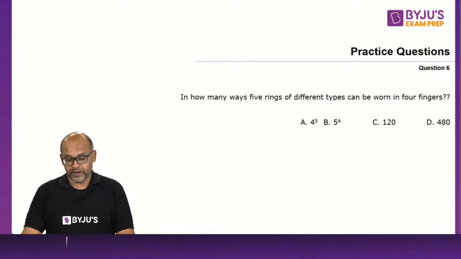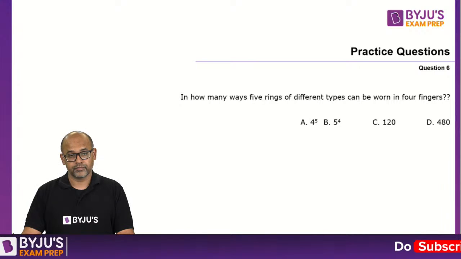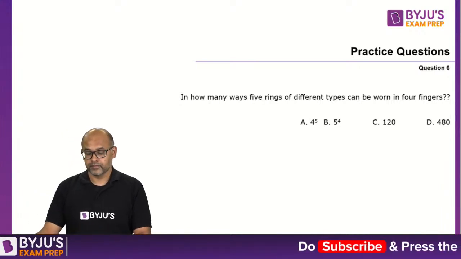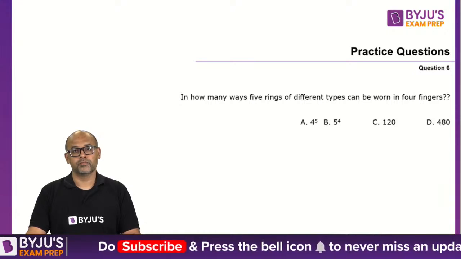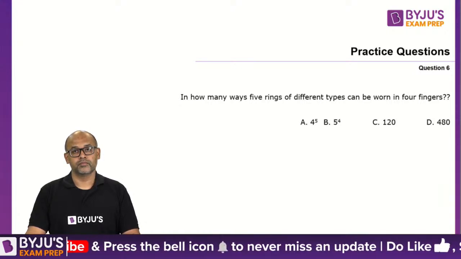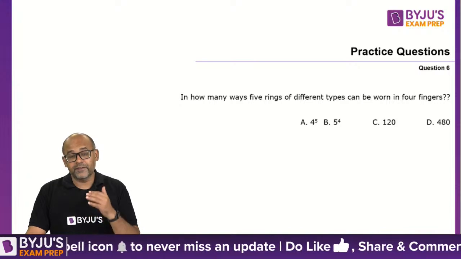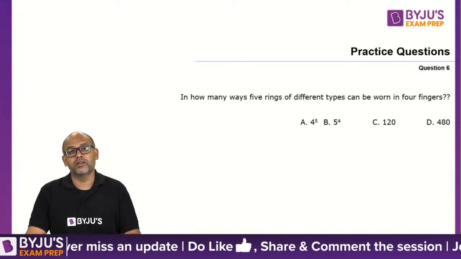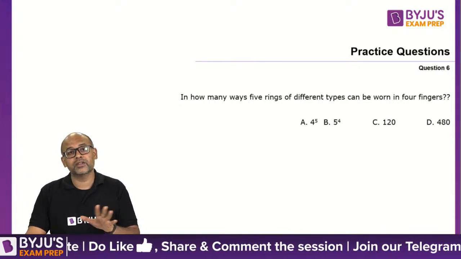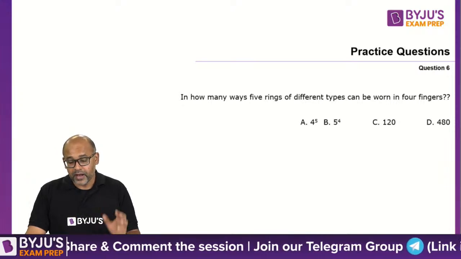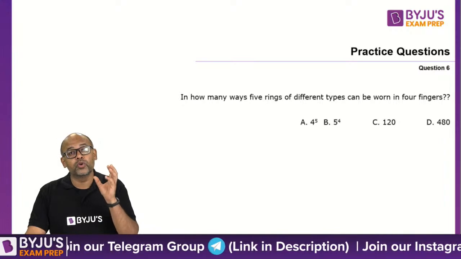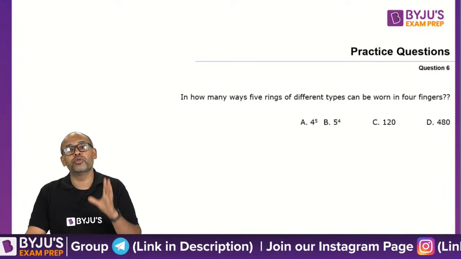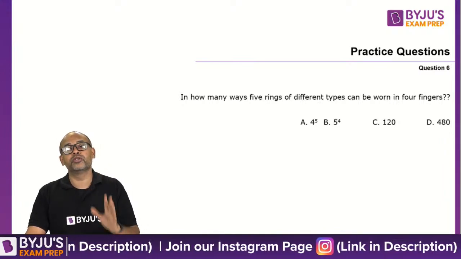Ayush, 4.5 is not correct. This is very similar to the problem that you just did. 4 fingers, all fingers are different, and 5 rings of different types. So the concept is grouping and then distribution. How do you group and how do you distribute? That's the question.